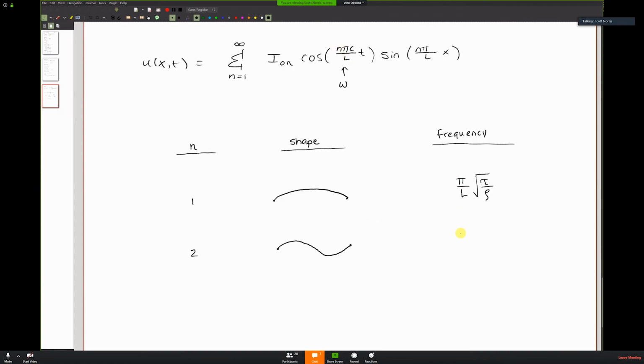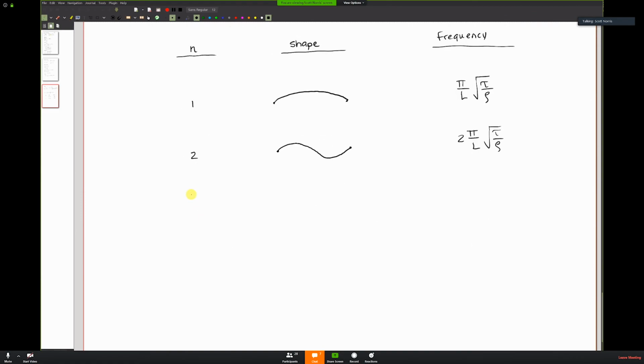And so I'm going to get 2 pi over L square root of tau over rho. And then the next term in my series is going to have 3 oscillations. All right. And it's going to have frequency 3 pi over L square root of tau over rho.